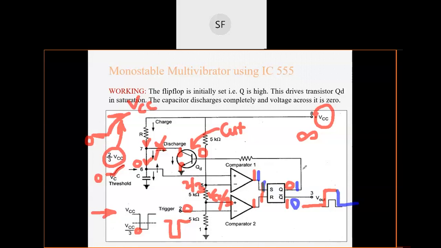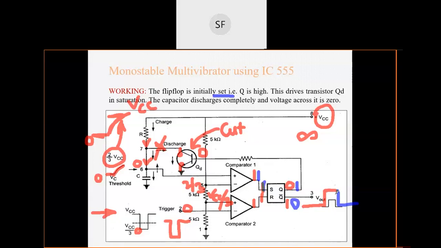And again वो जो cycle था ना, initially आपने जो set assume किया था, it will again start. So what is happening here is that due to this application of trigger, your output is getting transferred from low level to high level, and it will remain for some period of time, है ना.